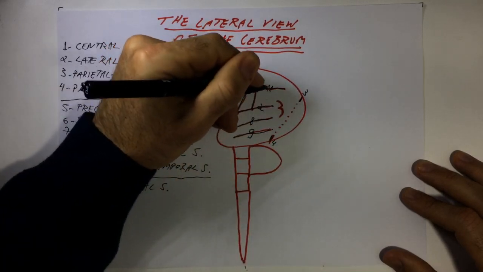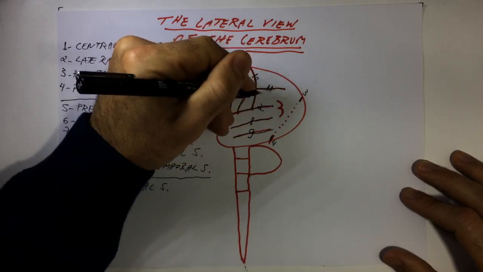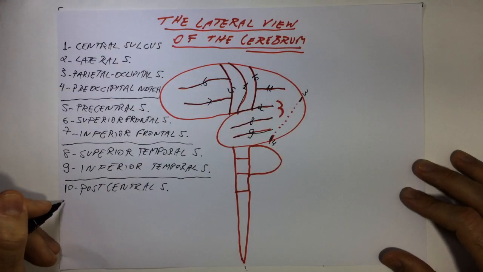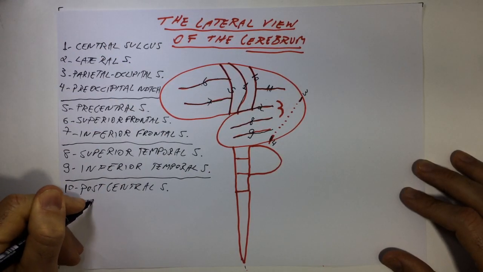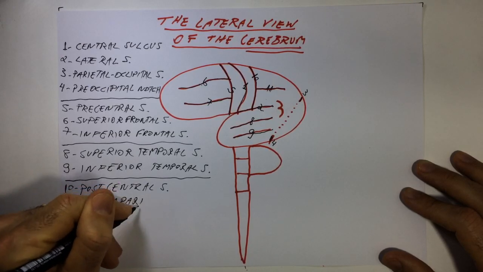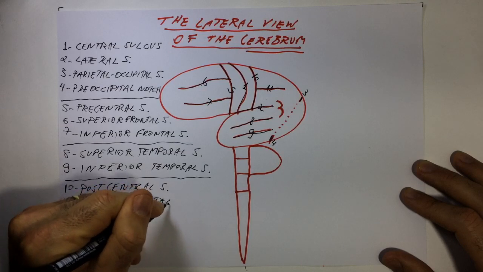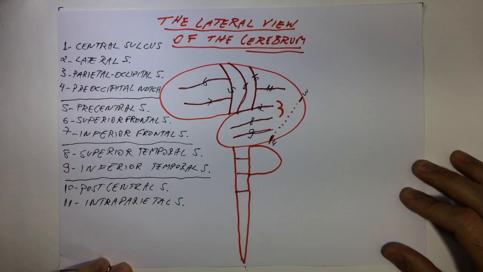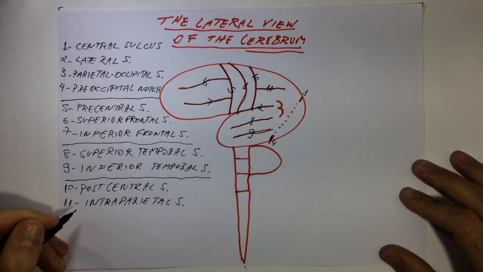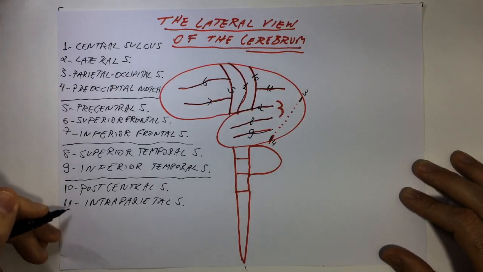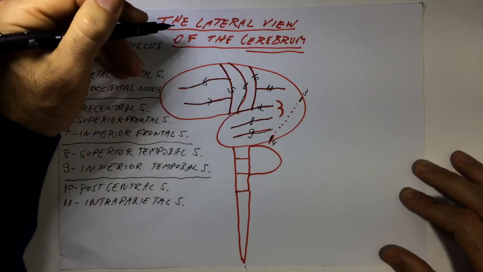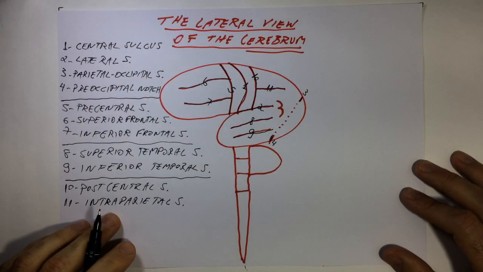And this one here that is on the surface of the parietal lobe, but there is just one, it's called intraparietal sulcus. Okay. So that's it. Those are the sulci of the lateral view of the brain.